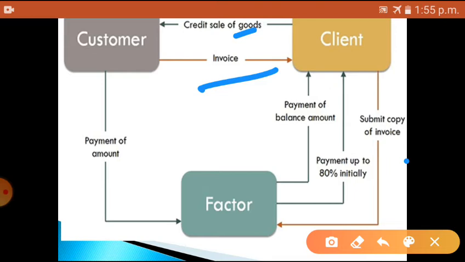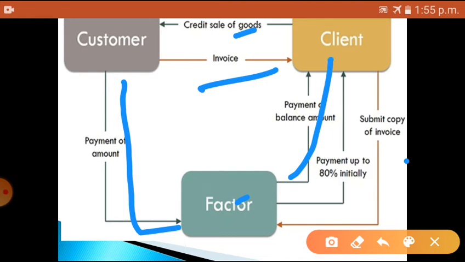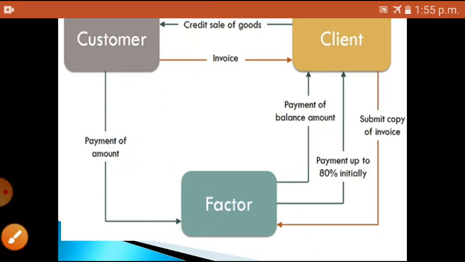After that the factor will pay 80% of the amount in advance to the client. Then he goes to the customer and collects the payment. After that the factor will pay the remaining amount. Immediately after that he may charge a fee or commission, which is on percentage basis.